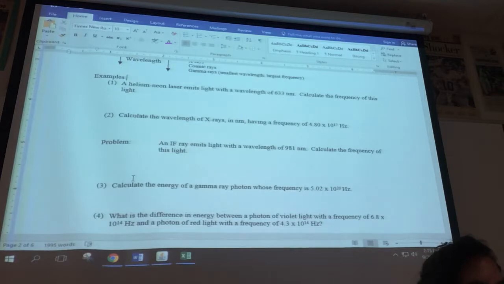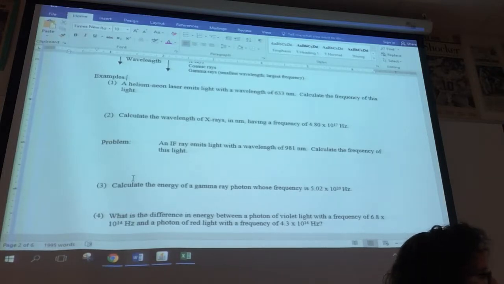Why? Because the energy of the light is higher than the energy of the atom. And so it dislodges it. Mm-hmm. Good job.